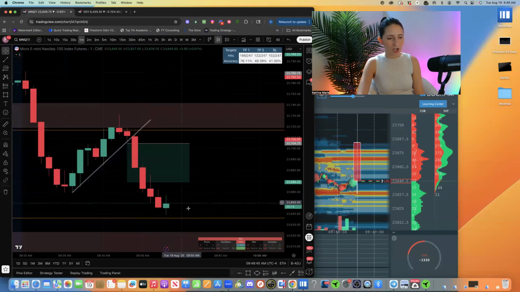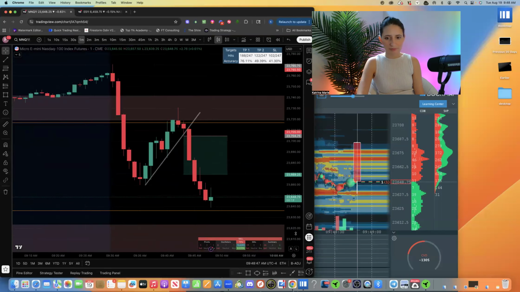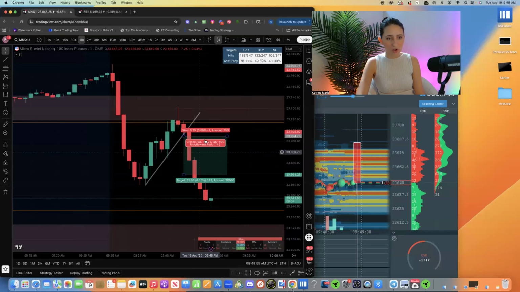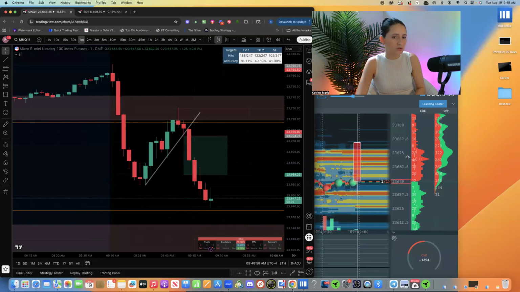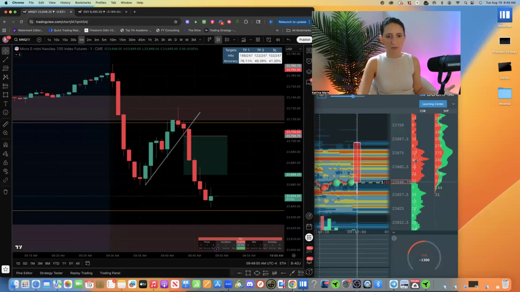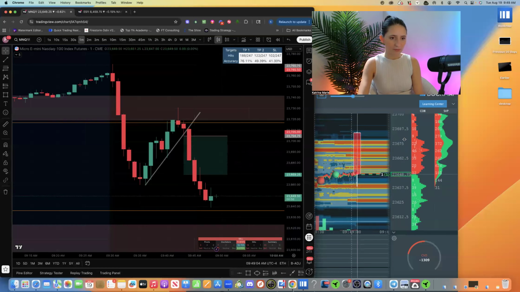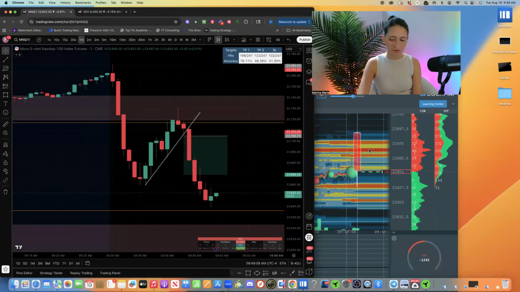Looks like that's where we're heading. Yeah, it's hard to hold longer when there's no wick made on the other side, which is totally understandable. We have a bunch of sellers built up here. We most likely will pull back to this area.